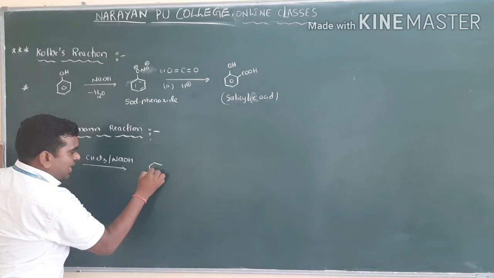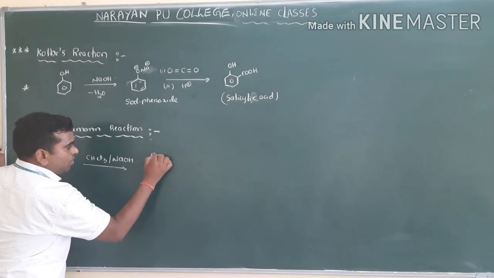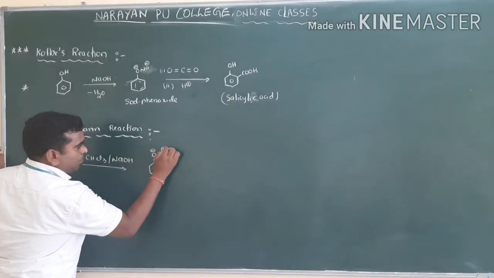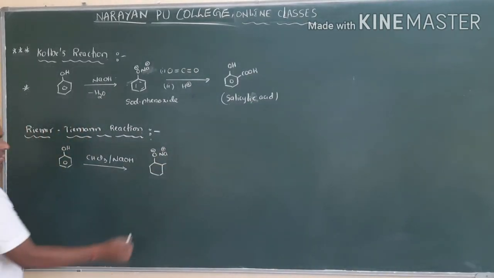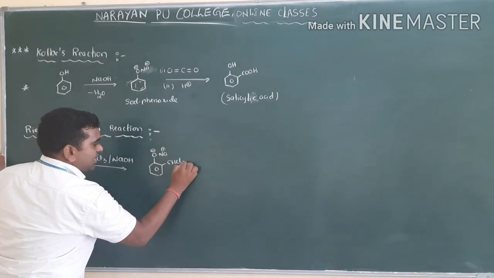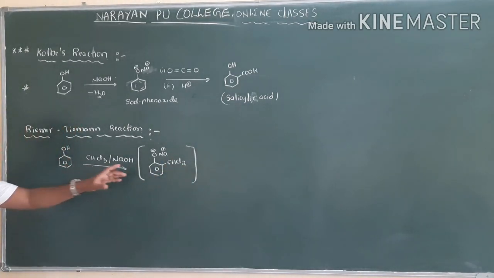Base is there, acid is there, so it will be converted into the salt with Na plus, and you will get the compound with CHCl2 introduced. I will just roughly say the mechanism, otherwise you will not understand.